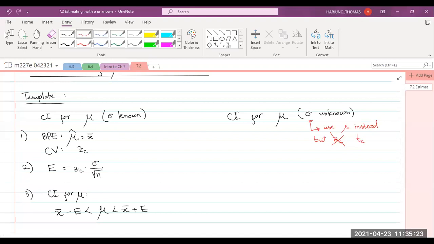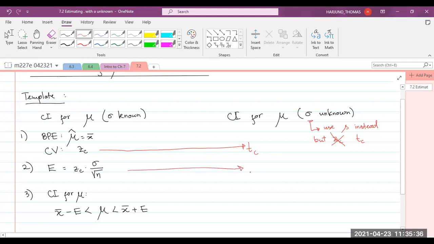So what will change in our original template? We will use T critical instead. And therefore our margin of error will be the critical value T critical times the sample standard deviation, instead of the population standard deviation, over the square root of n.